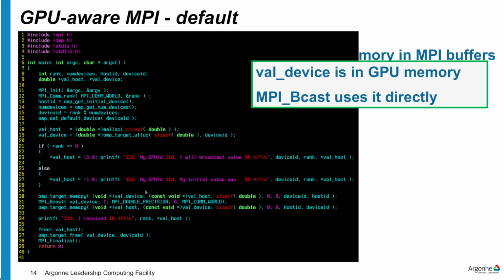So the program should work in a situation when MPI is set to be GPU aware. In this particular situation, the val_device memory was allocated on the device but used directly in broadcast. And you can use every GPU buffer with your MPI call as long as you use GPU over MPI, which is default in our environment.